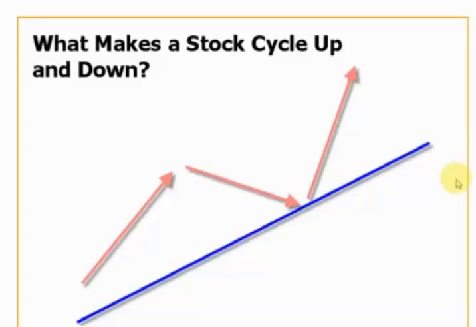Okay? Now, one thing that you'll notice, especially when you run statistical analysis like I've done over the years, you tend to get 2 to 3 and 4 times the move to the upside as you do on the pullback. Okay? Big surge, small pullback. Big surge, trend continuation.